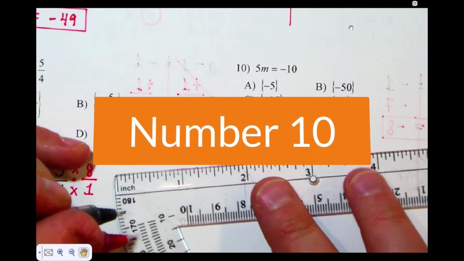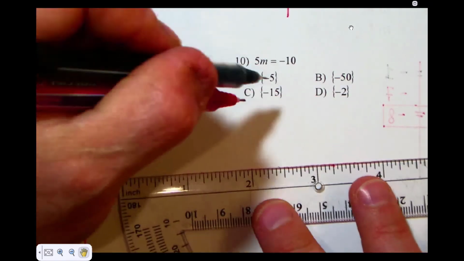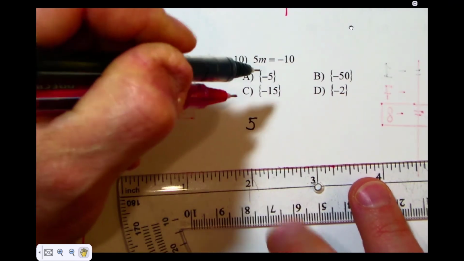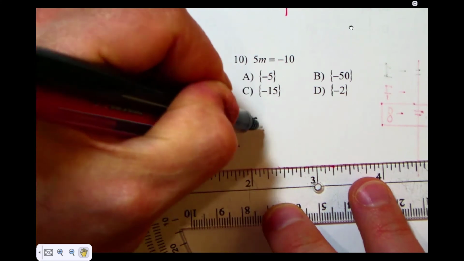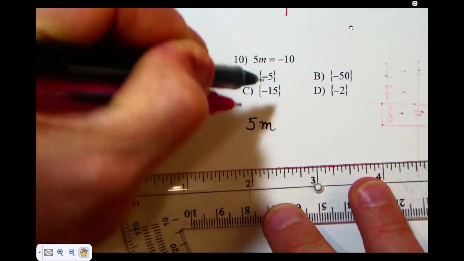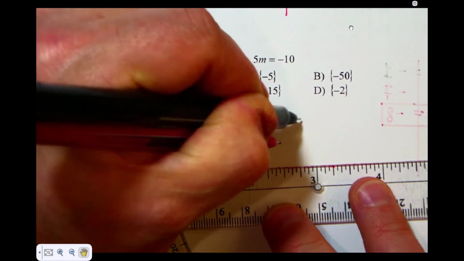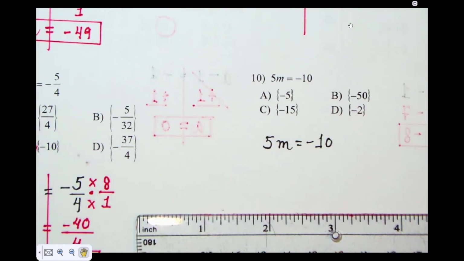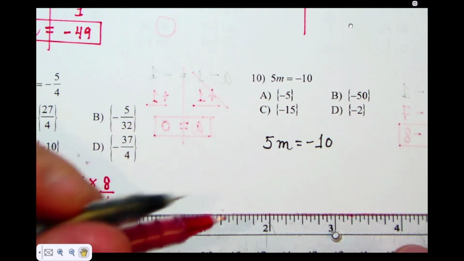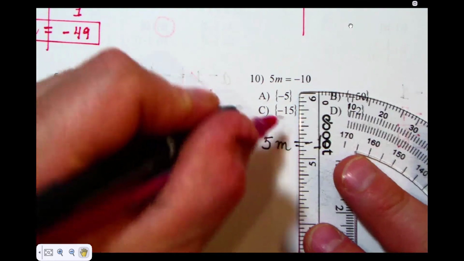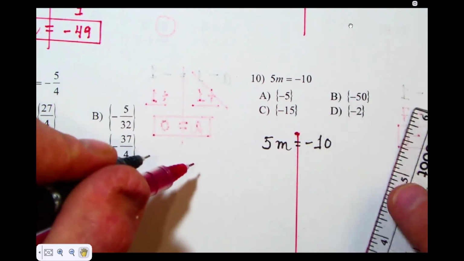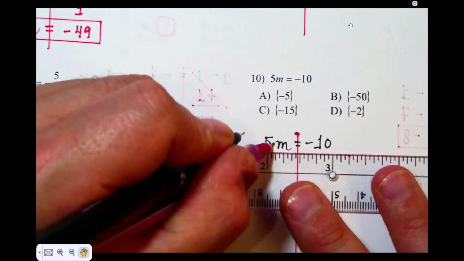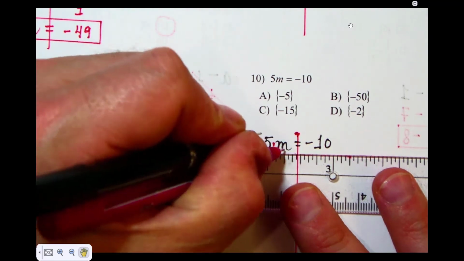Okay, number 10. 5m equals negative 10. Well, step 1 is always the same. Draw that vertical line. Now everybody's thinking the same thing. We want to reverse that multiplication operation.